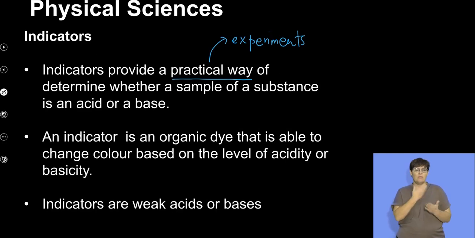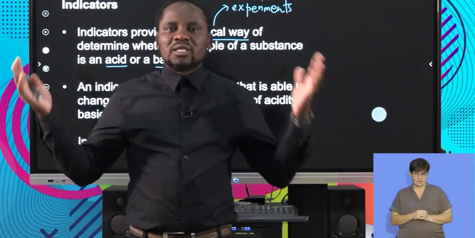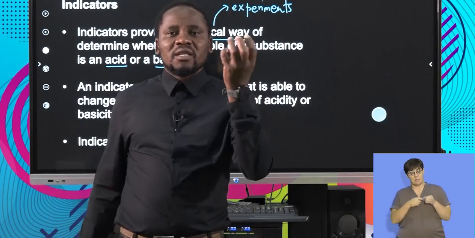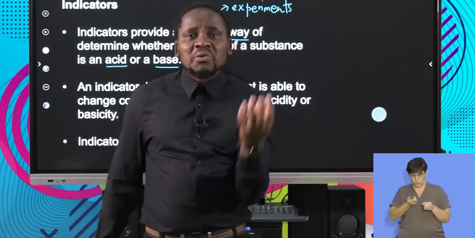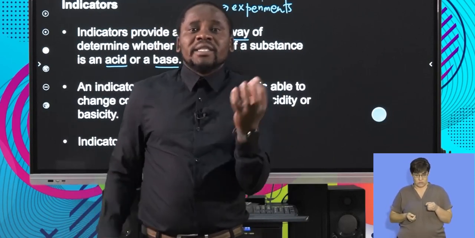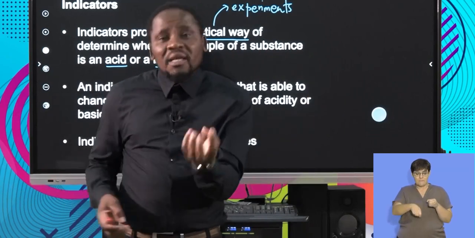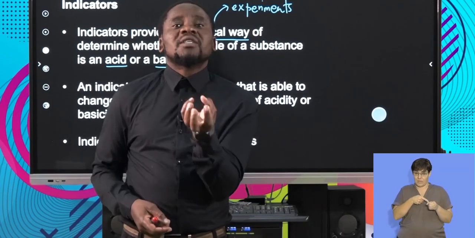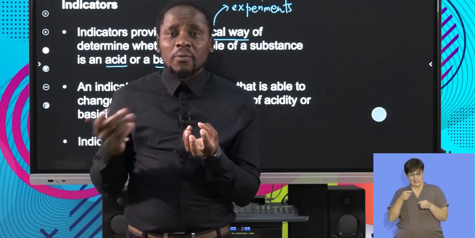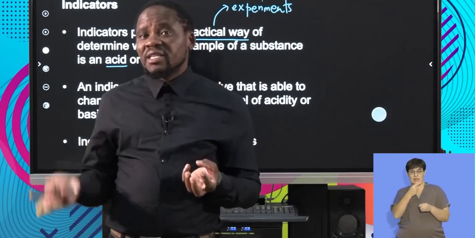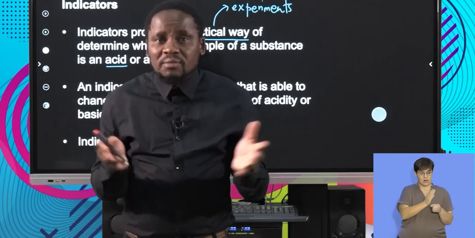They provide a practical way to determine whether a sample of a substance is an acid or a base. What that simply means is it's straightforward: given a sample of an unknown substance whose identity we don't know, we can determine whether this sample is either an acid or a base by making use of an indicator.